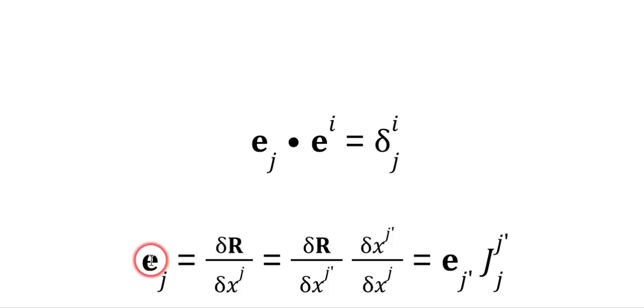So what is the definition of this basis vector? It's the derivative of a position vector with respect to a coordinate. And I can rewrite that using the multivariable chain rule as the derivative of that vector with respect to the primed coordinate, and then the derivative of that primed coordinate with respect to the original coordinate.